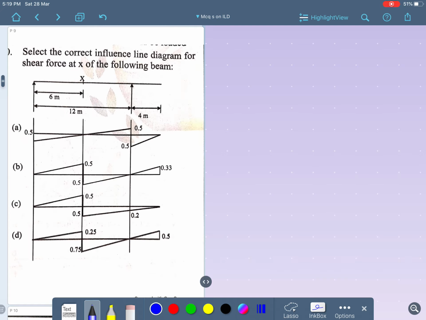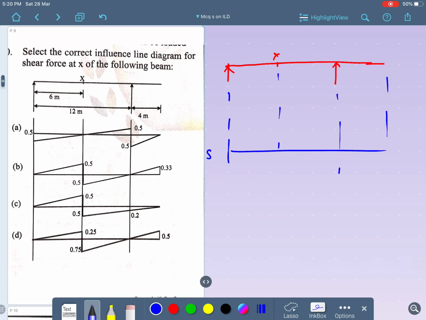Okay. See, this kind of question I had solved in the lecture series. Select the correct influence line diagram for the shear force at X. For this, let me write down the structure here. This is a point X and it is an overhanging position. For this, I need to draw the influence line diagram with respect to these positions.